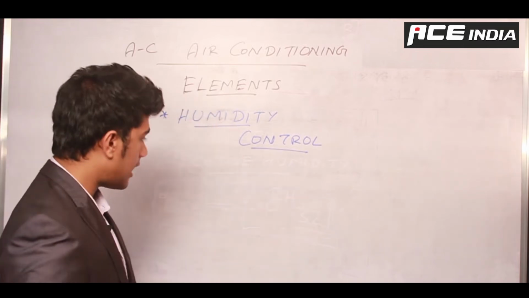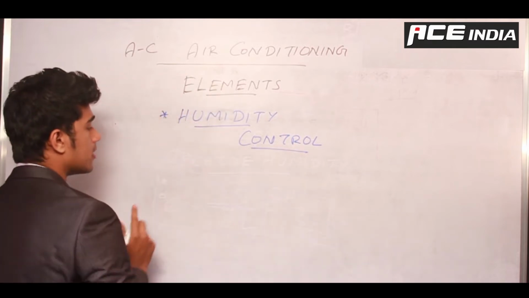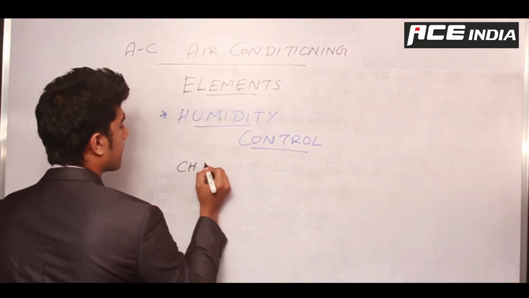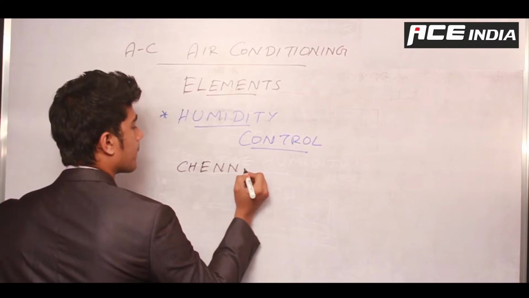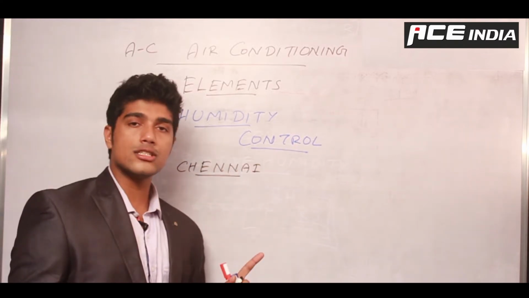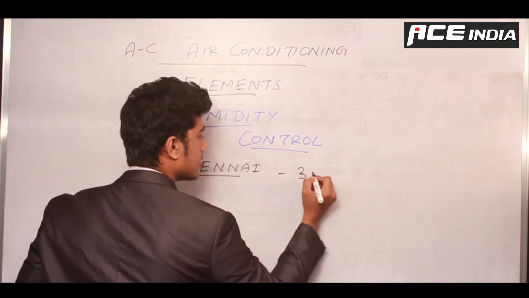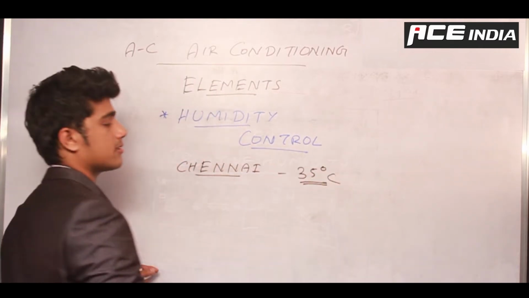Before that, we have to assume two places. For example, assume Chennai. Assume a person sitting in Chennai, and there's a summer condition there. Suppose the temperature right now is 35 degrees Celsius.